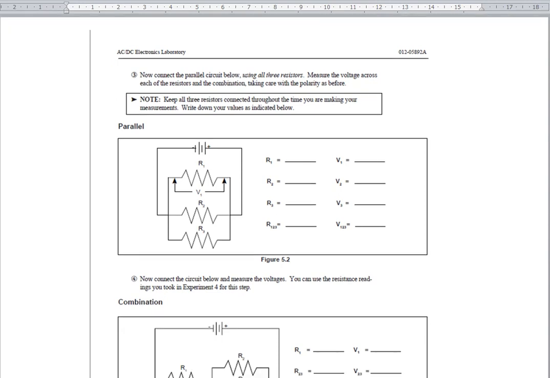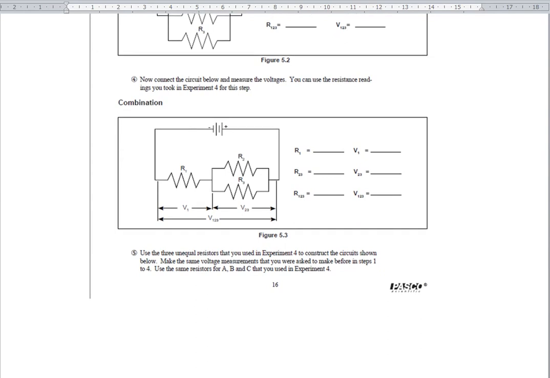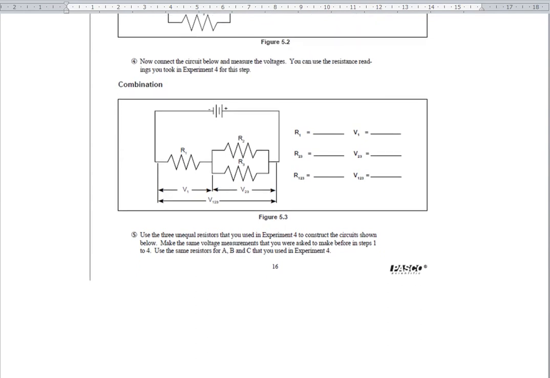For the next figure, which is figure 5.3, we have this combination of connection. You can see R2 and R3 connected in parallel, and the equivalent of these two resistors is connected with R1 in series. So you need to find R23, R123, V1, V2, V3, V123.